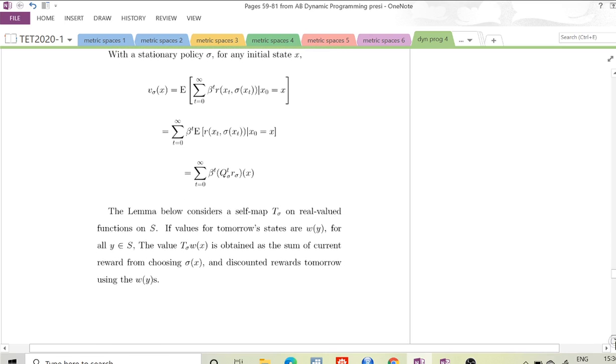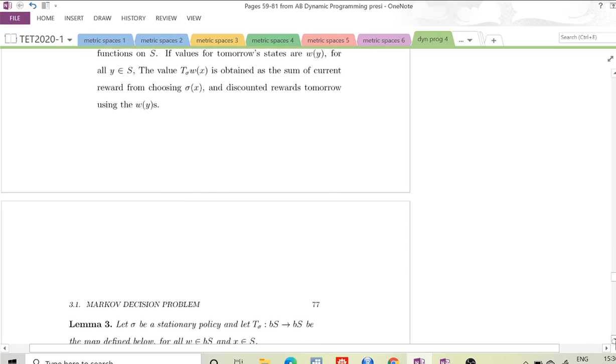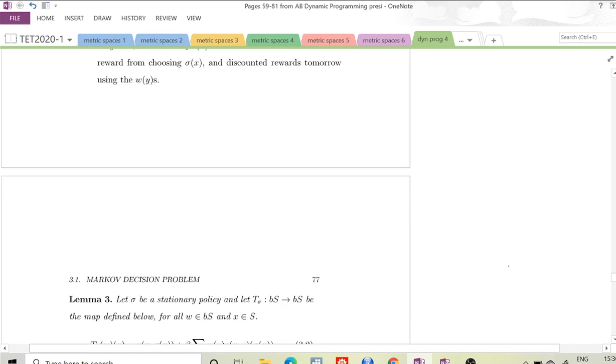I will say, consider any stationary policy, you could say stationary strategy. Consider any stationary policy sigma, right? So what we mean therefore is that sigma maps only from the current state to actions.